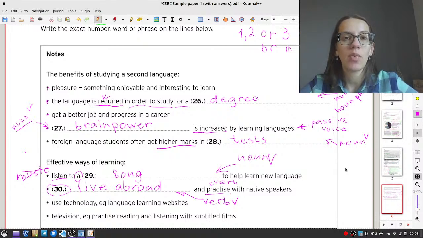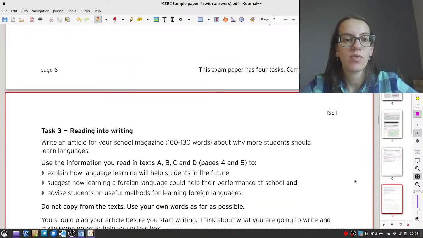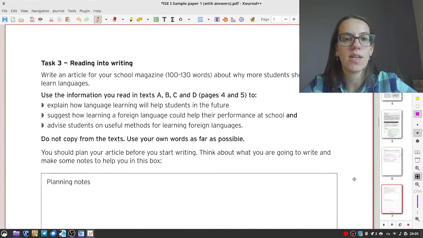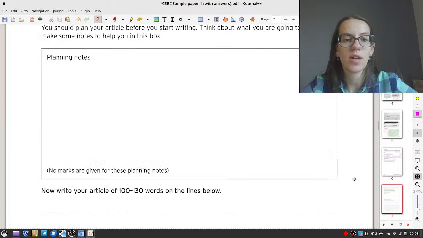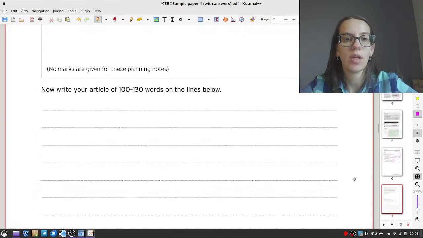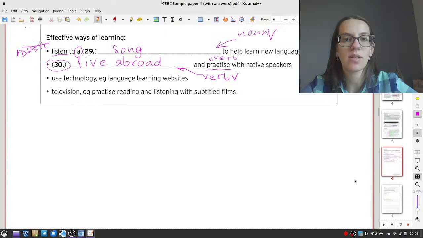And next time we are going to look at the next type of task in this exam. Next we have to do reading into writing. So I'm going to show you how you can write a text for this task. Yeah, we're going to look at this task next.